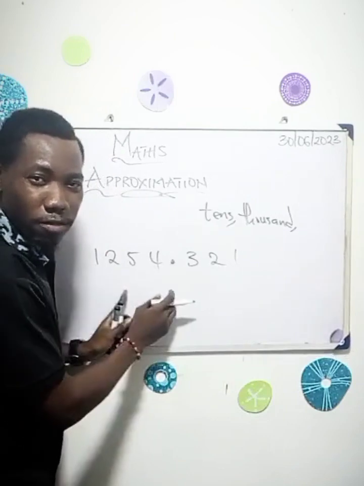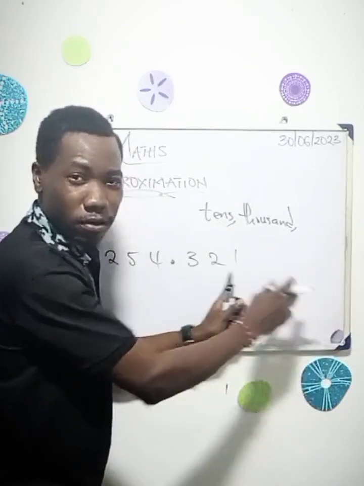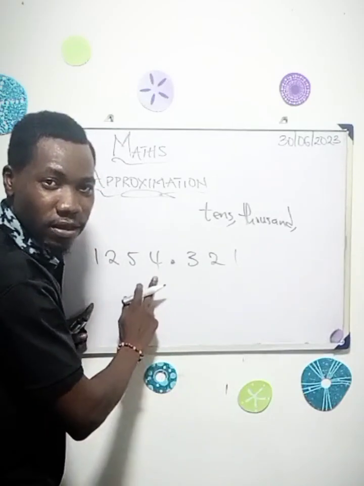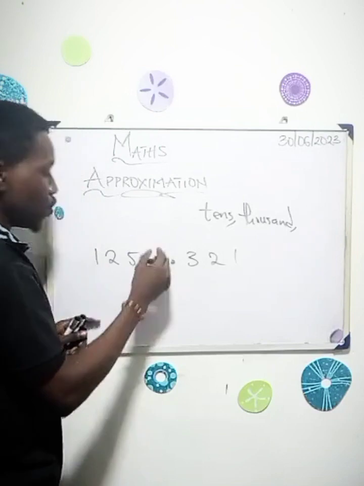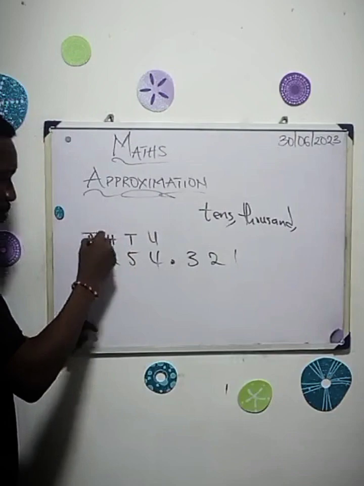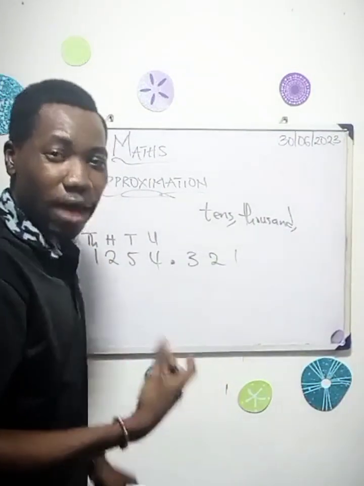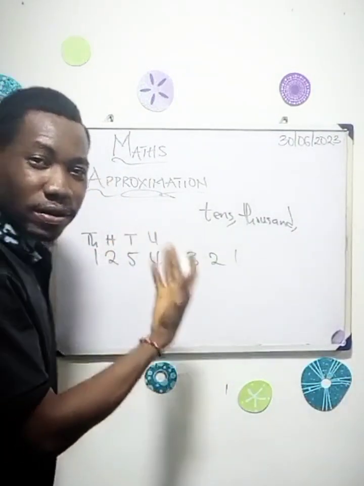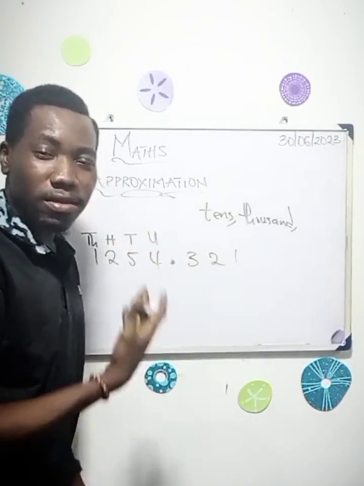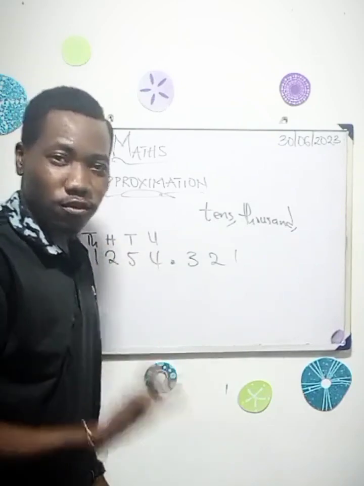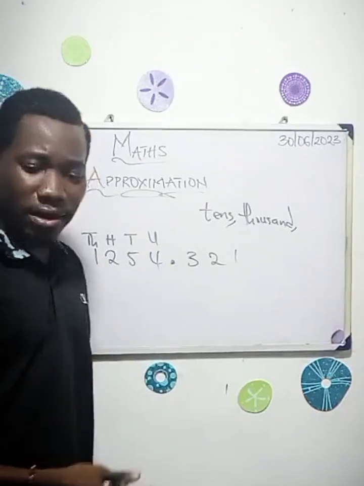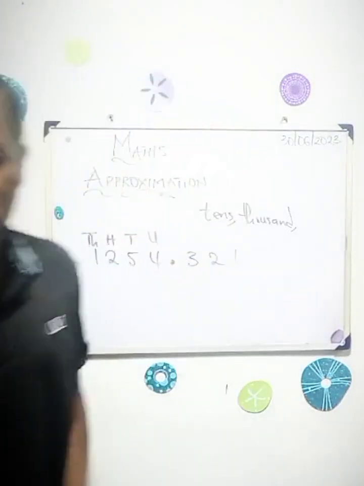So the numbers before the decimal point are the whole numbers, and the numbers after the decimal point are the decimal numbers. The smallest place in the whole number, the least place, is the unit place, and then we have the tens place, the hundred place, the thousand, the tens of thousand, the hundred of thousand, the million, tens of million, hundreds of million. Hello, Timmy. The billion, tens of billion, hundreds of billion, trillion, tens of trillion, hundreds of trillion, quadrillion, quintillion, sextillion, septillion, all of that. By the way, I hope we know that numbers have no end.